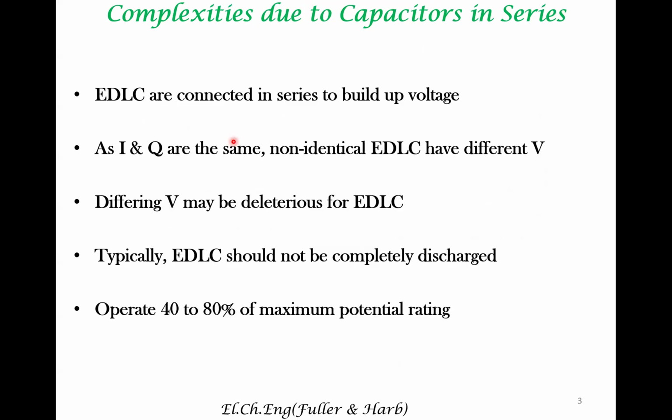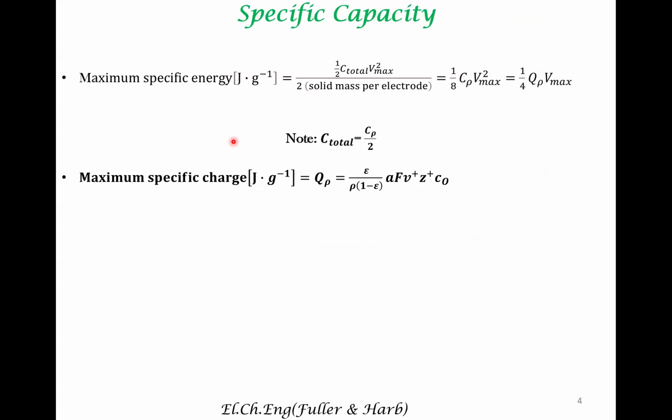So this is a very important aspect to be understood. Therefore, if you want to maximize the charge that can be stored in a capacitor, you should also have a significant number of ions in the electrolyte that goes into the capacitor.